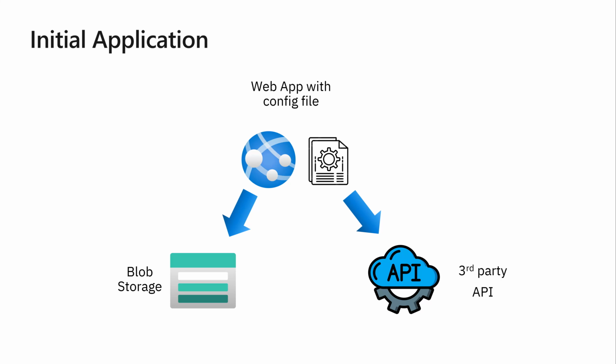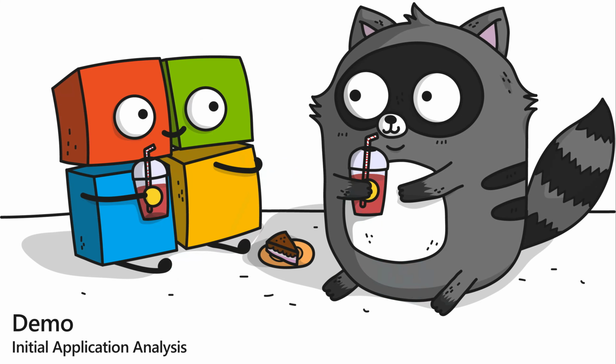Usually you store the secrets, like the API secret, the API key to connect to that third party API, and also connection strings for a SQL database, an Azure storage account, something like that. So let's get started by reviewing this initial application that I generally see out there.